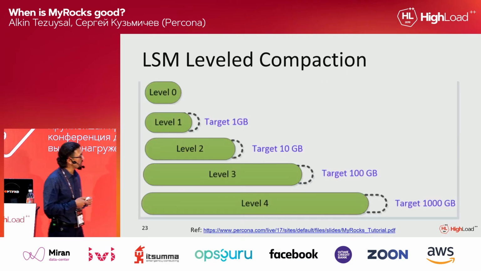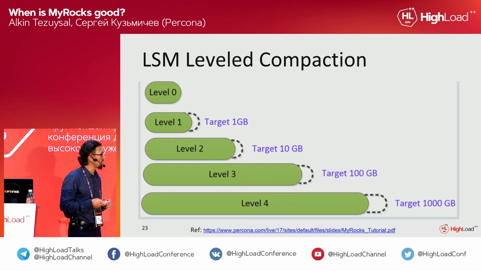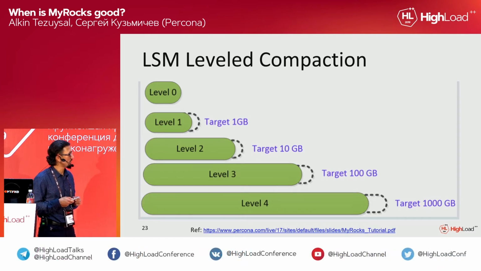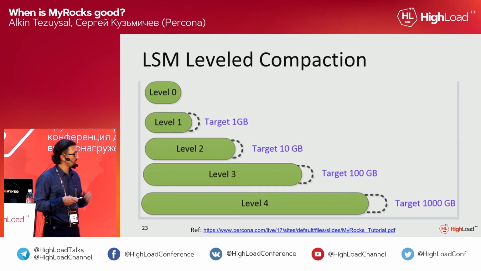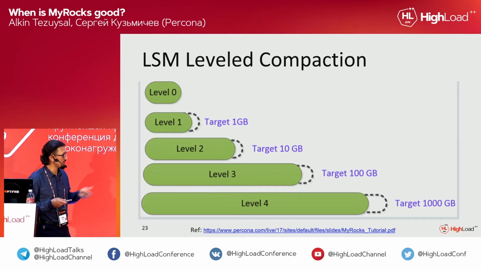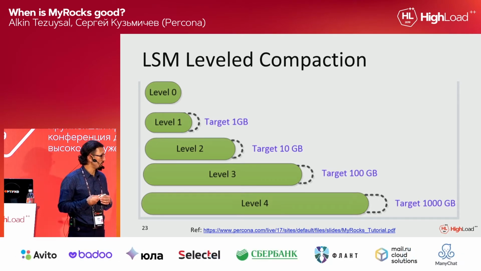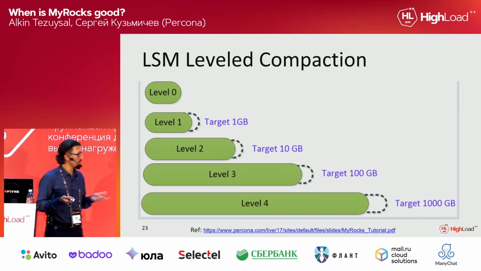This is an illustration of leveled compaction, and leveled compaction is basically designed for writes that are coming in. Each level is configurable for the compaction that you make. We mentioned it's the LSM and MyRocks is designed for large data sets.